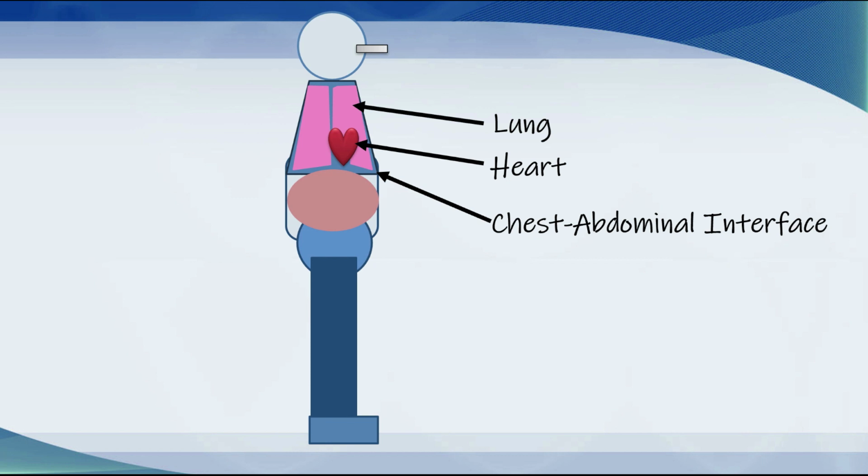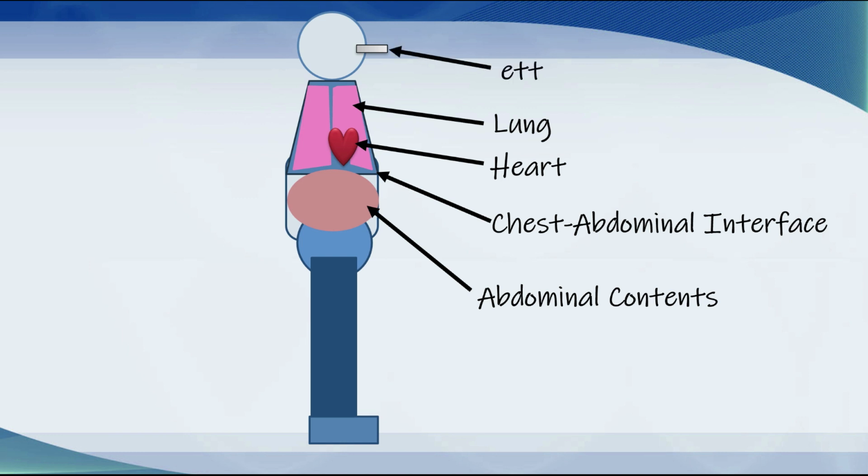Just to explain the components here, we have the lungs, the heart, a chest-abdominal wall interface, abdominal contents, fat and organs and bowel, and an endotracheal tube. It's important to understand that the abdominal contents can compress the diaphragmatic surface of the lungs and that the heart sits on the left lower lobe bronchus and can compress it.